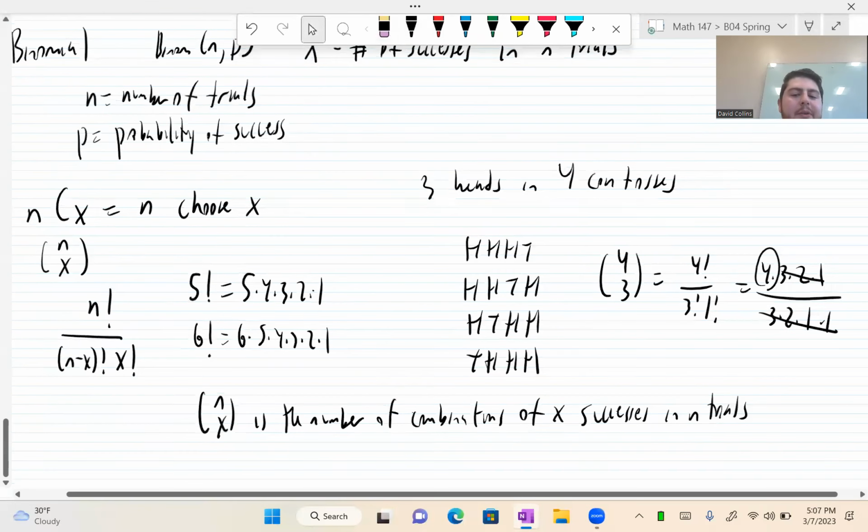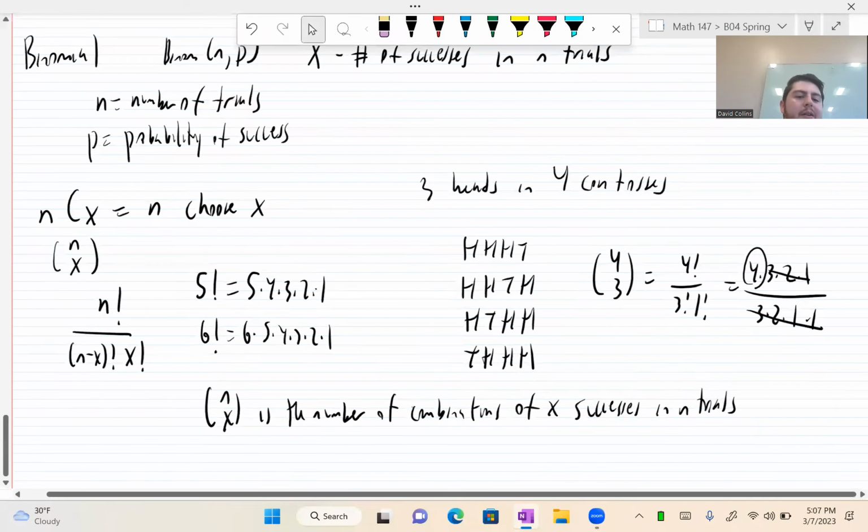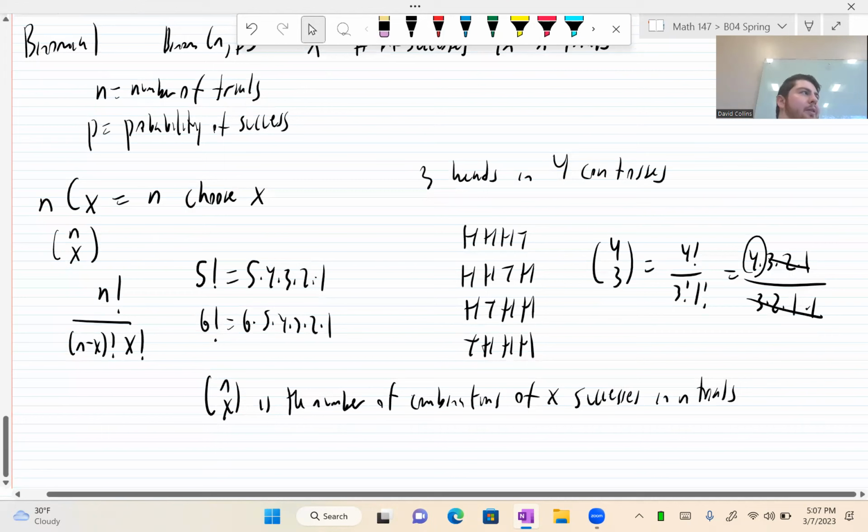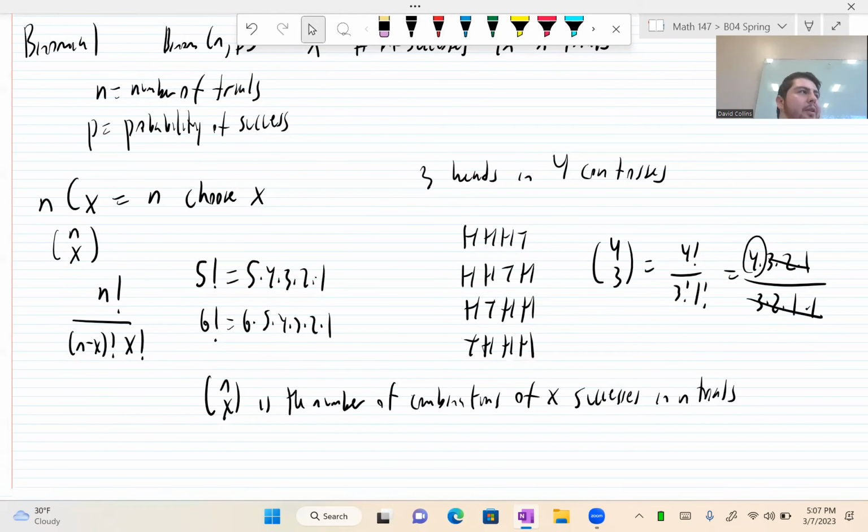Because you need to account for all the possible iterations, right? We don't know the ordering, but N choose X accounts for that ordering. Because we don't know out of these 4 things where the tail was. But we know it's in one of 4 ways. Everyone okay with that? This little bit of combinatorics.